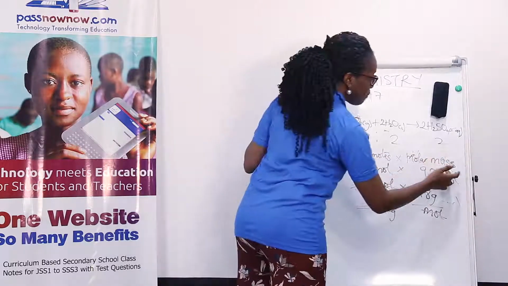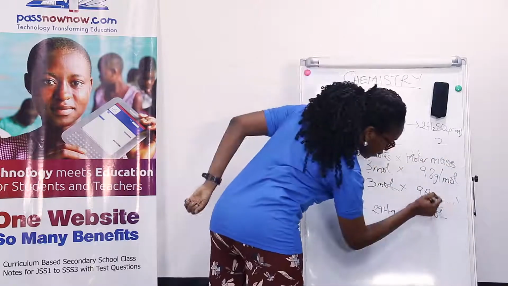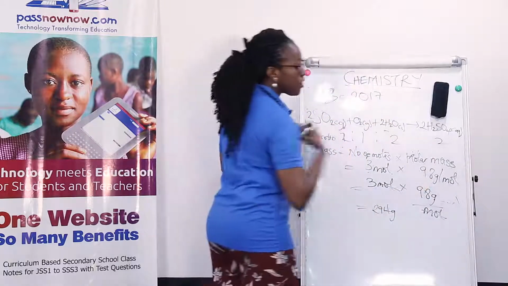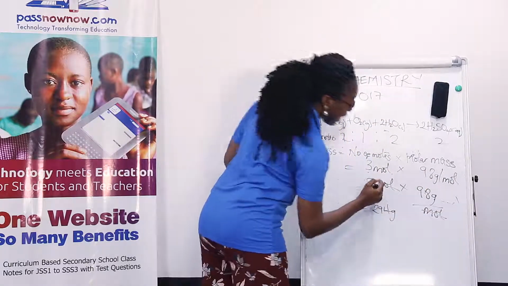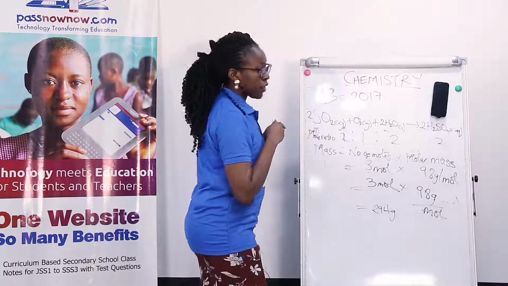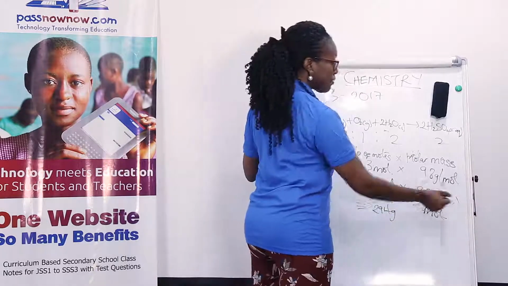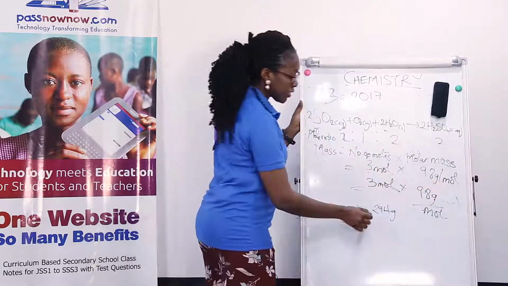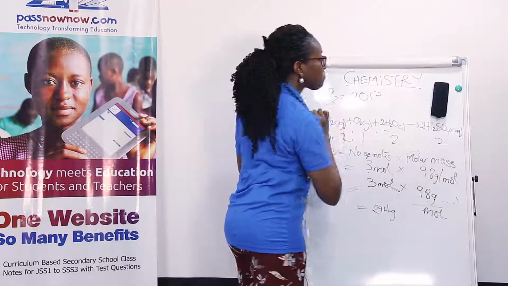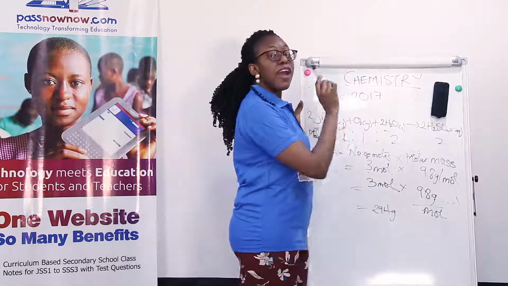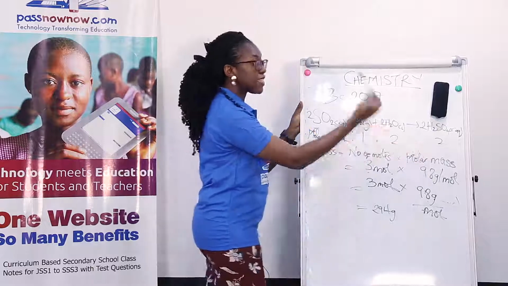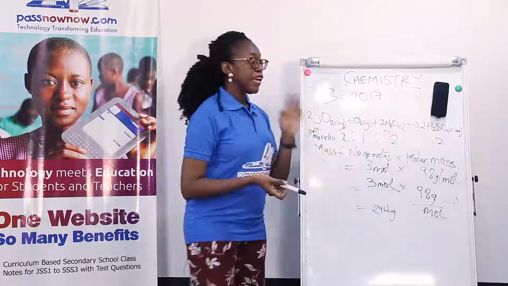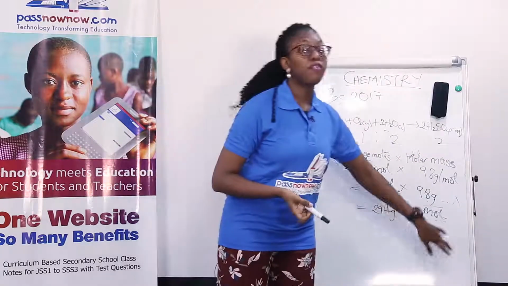This slash here means divided by, grams divided by mole. Now the mole here will cancel out the mole here. This will then give us 3 times 98 grams. Hence, the mass of hydrogen tetraoxosulfate(VI) acid produced is 294 grams.